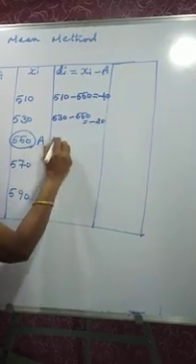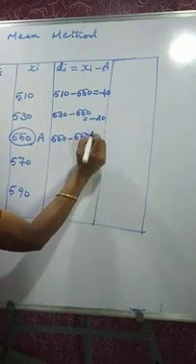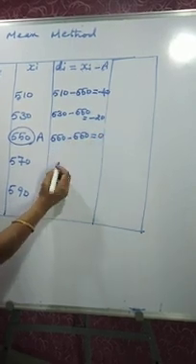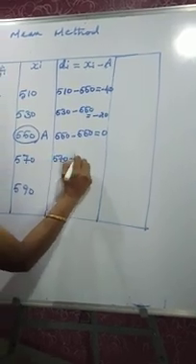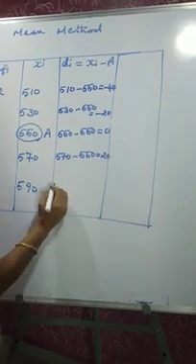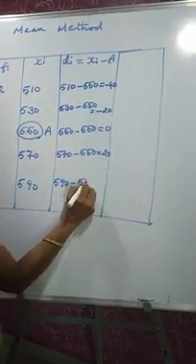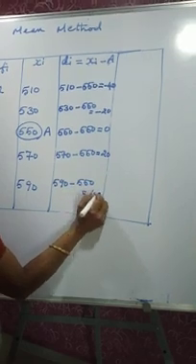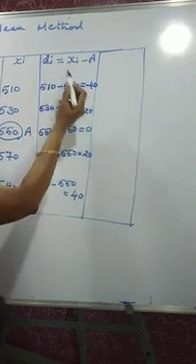Third xi is 550 and the assumed mean also the same number 550. Therefore the result gives 0. Then 570 minus 550, which is equal to plus 20. Then 590 minus 550, it gives 40. Hope you understood how we calculated di.